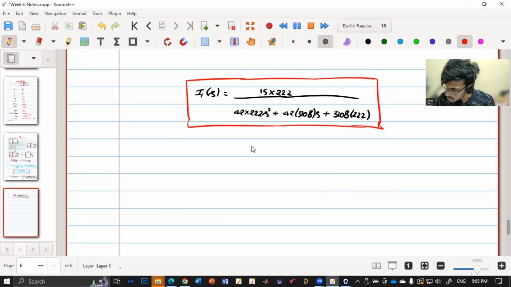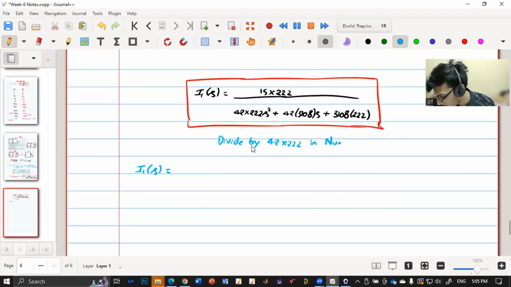So you also check with me, you also do the calculations. So after dividing in the numerator and denominator by 42 into 222.